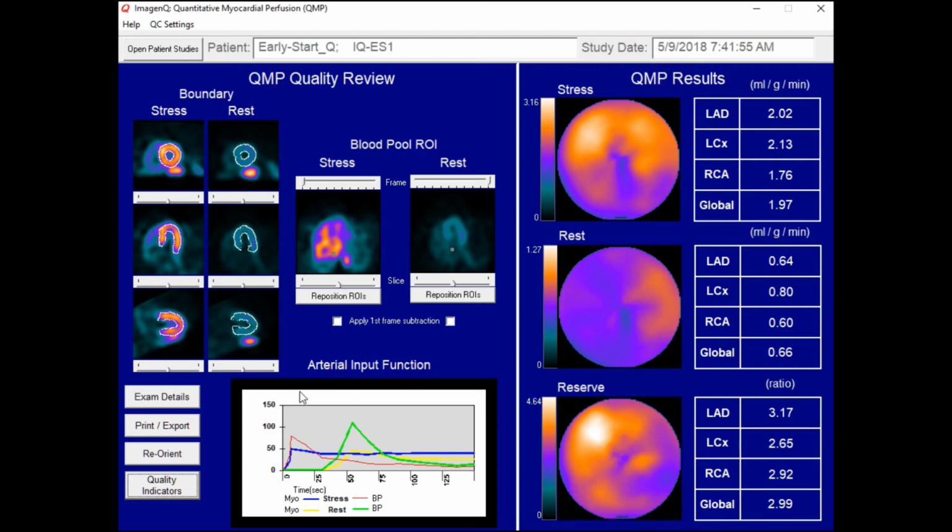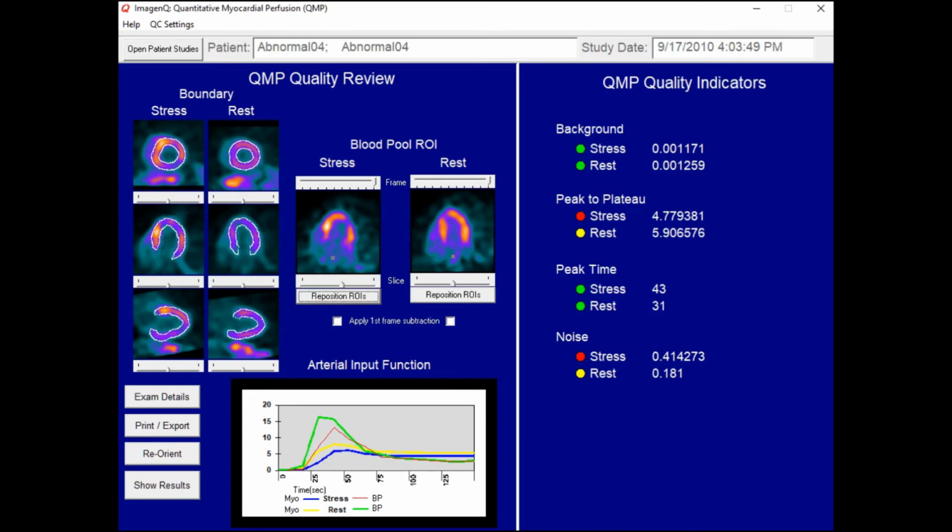And because we did not capture the entire input bolus, the stress flow numbers might be overestimated and masking a possible defect within the image. That doesn't mean that we have compromised the quality of the perfusion and gating study, just the flow study. So in this case, all the interpretation would have to take place in the absence of the flow data.